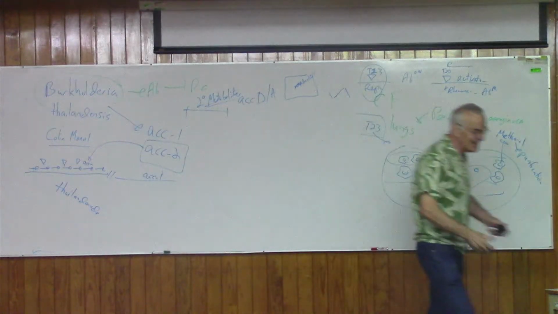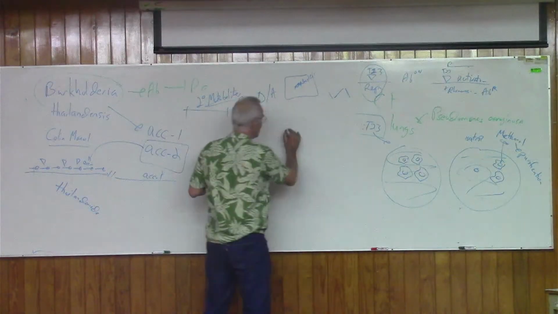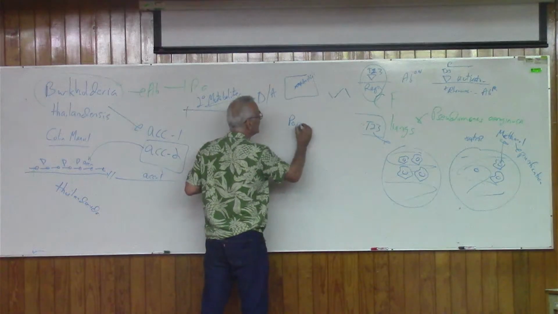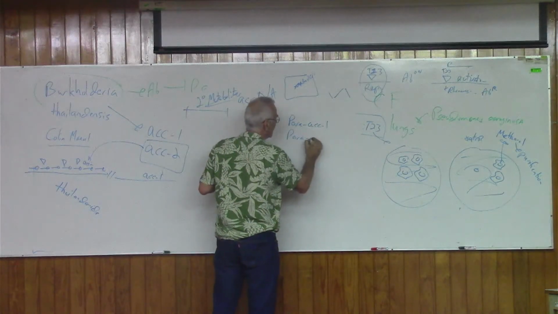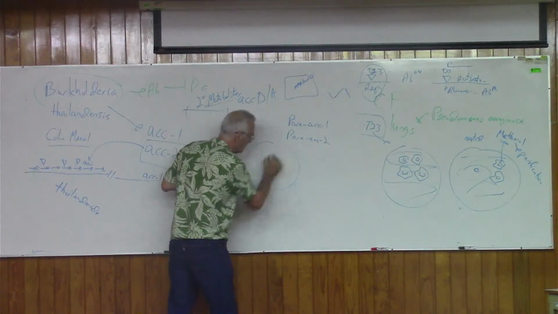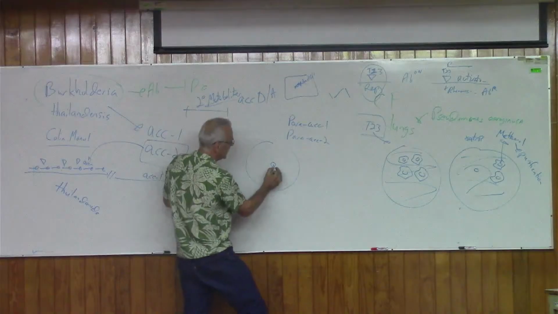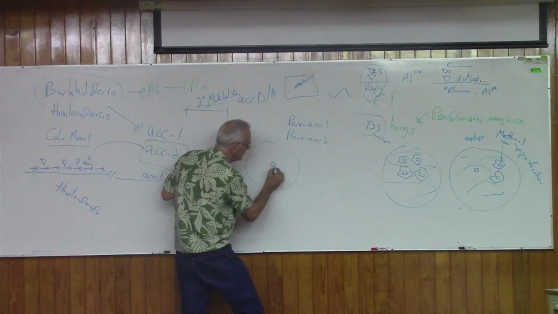Chris then took that, and you can see in Salmonella, he put it under arabinose control, ACC1, ACC2, and he grew with a spot of the thailandamide B, right?